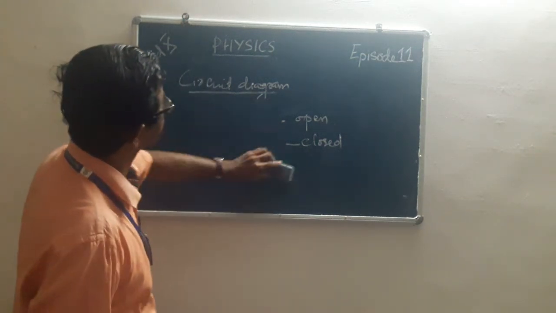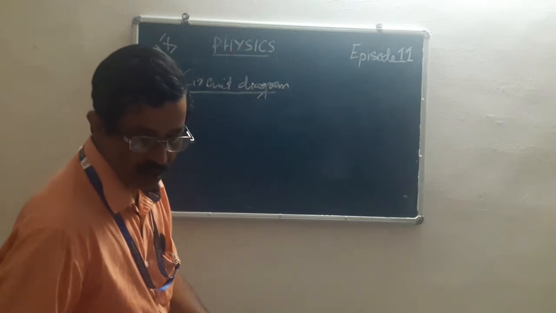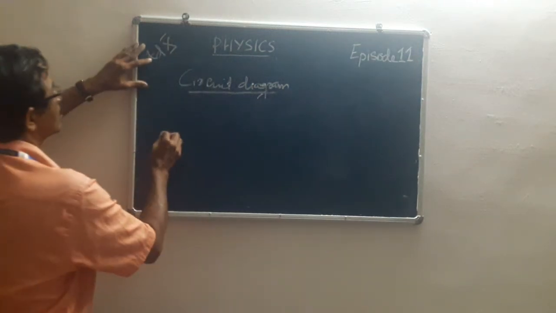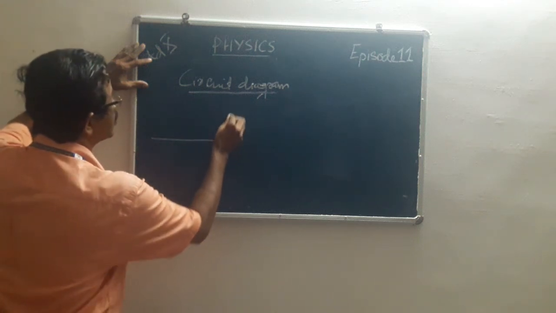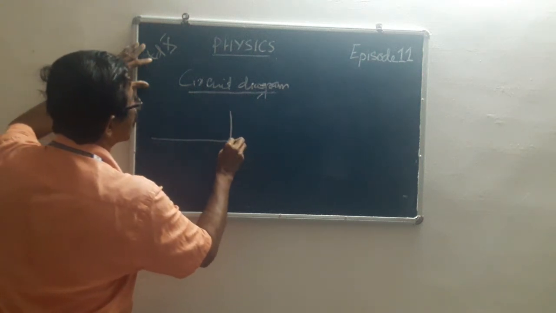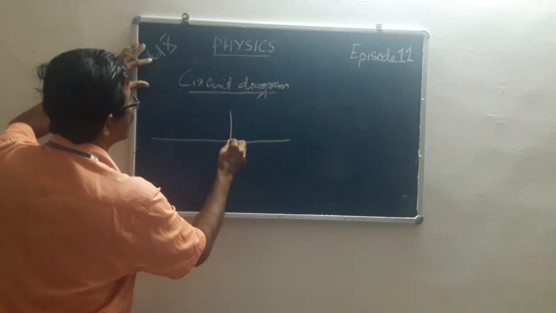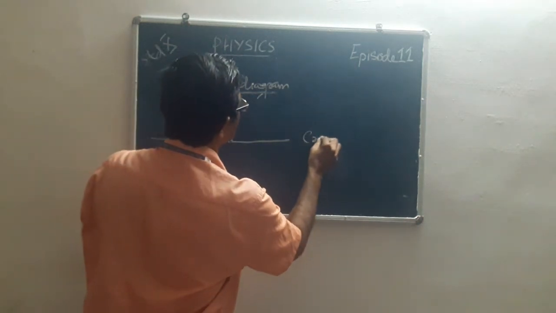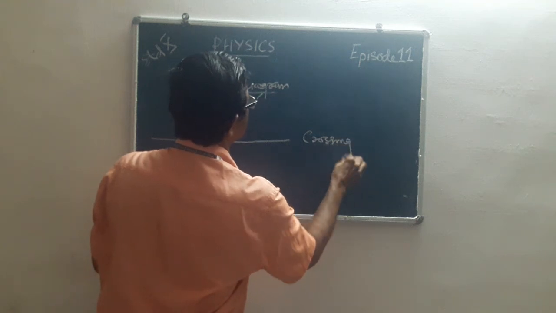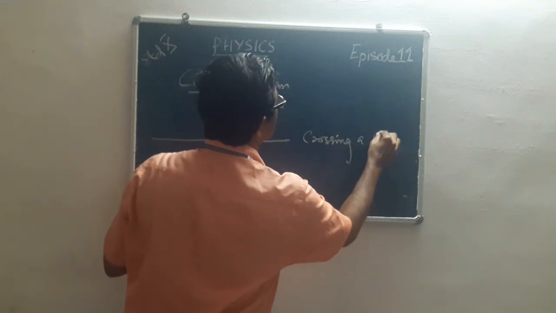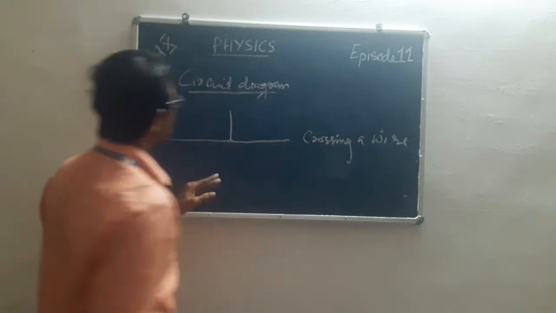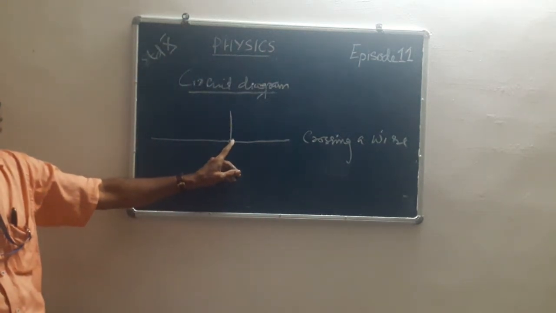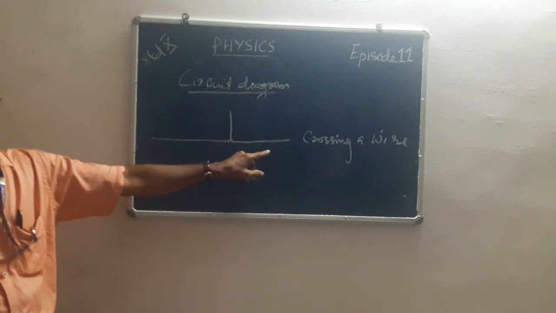Then crossing a wire. Here you see, this one, with the contact, is how we represent a wire crossing with contact.